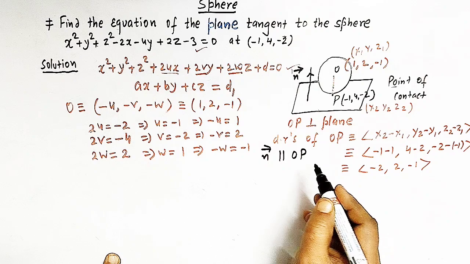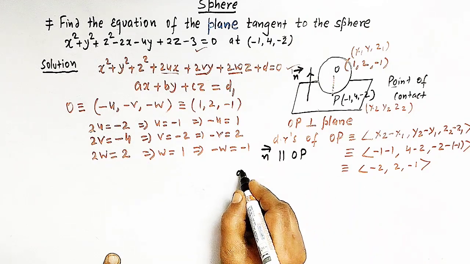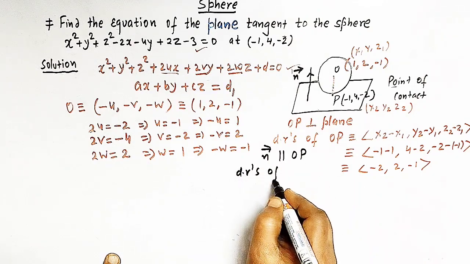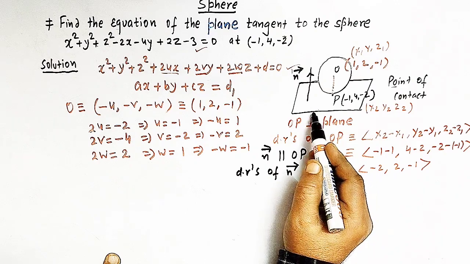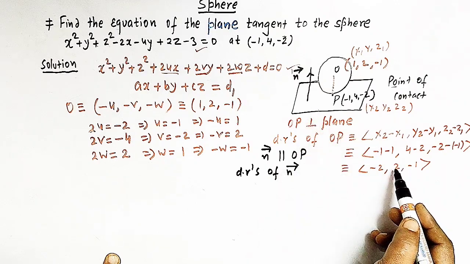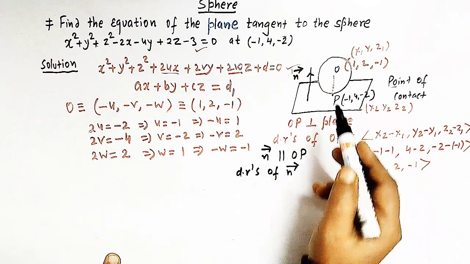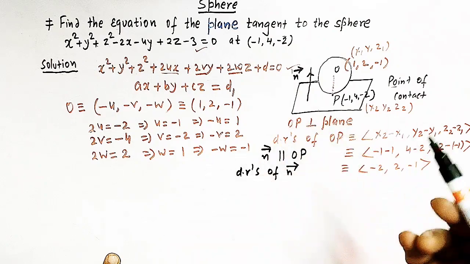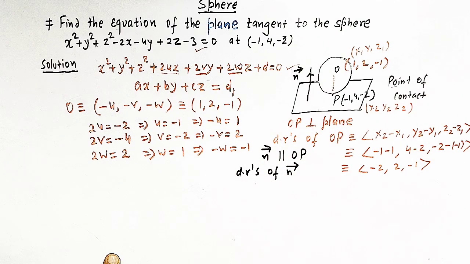So this implies that the direction ratios of the normal vector to this tangent plane are same as the direction ratios of OP, right? Because from vectors we know that if two vectors are parallel, then their direction ratios are either equal or proportional.